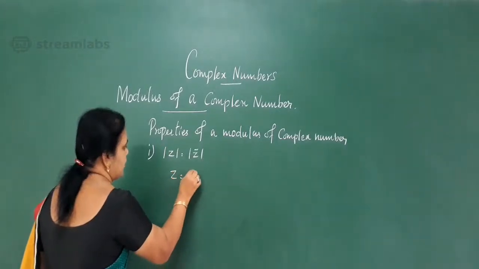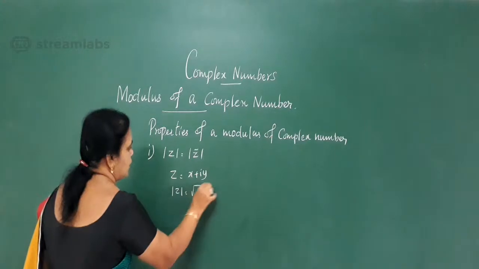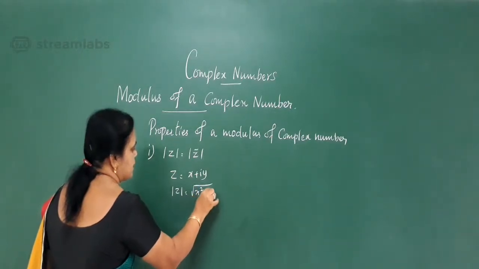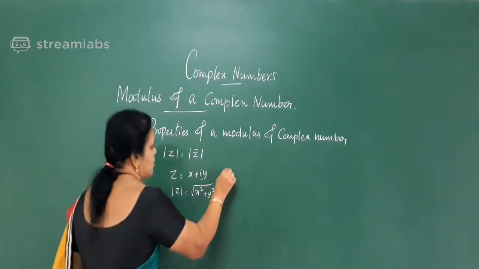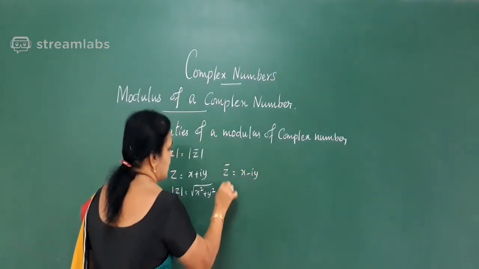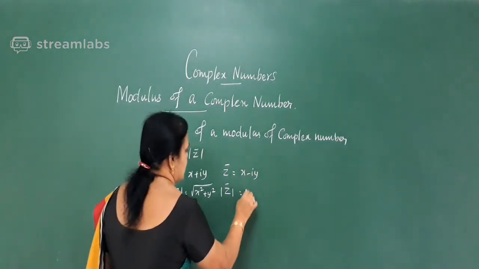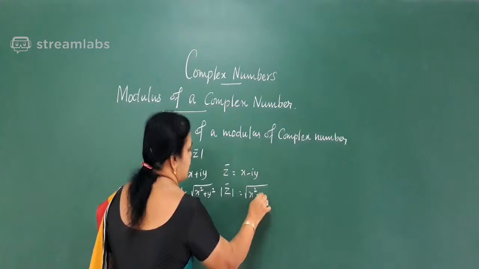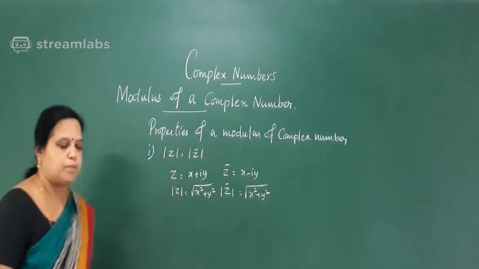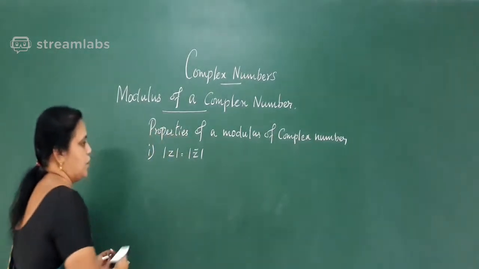Just take z equal to x plus iy. We find the modulus z for this: root of x square plus y square. Then z bar is x minus iy. For this we find the modulus, and here also we get root of x square plus y square. So modulus z is equal to modulus z bar.